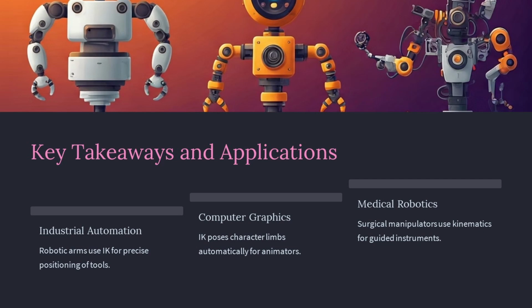It is generally nonlinear, may have multiple valid solutions or none at all, and typically requires either closed-form derivations for simple robots or numerical and optimization methods for more complex robots. Key challenges include handling multiple solutions, avoiding singularities, exploiting redundancy, and respecting joint limits.